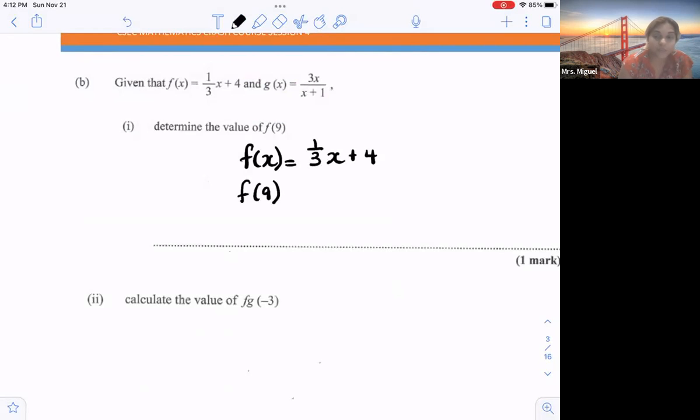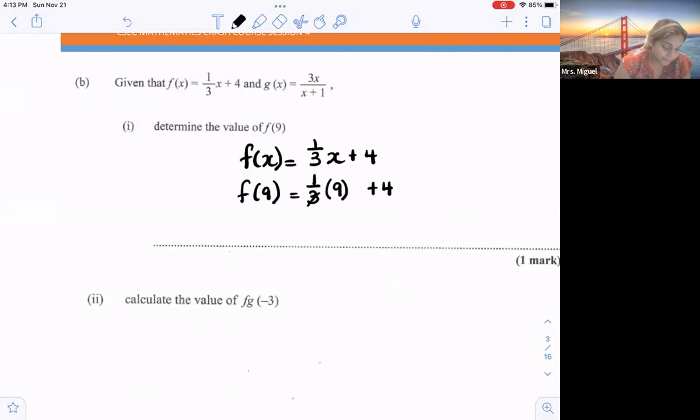I am simply going to replace my x variable with a number. 1/3 stays the same. Positive 4 stays the same. The only thing that is changing is my variable, which is x.